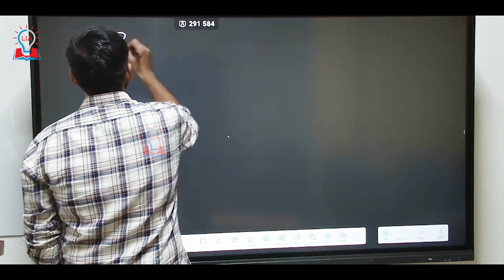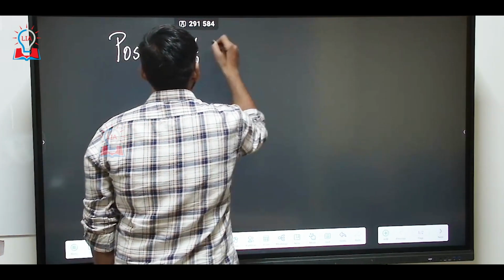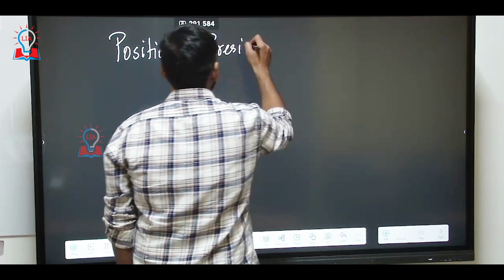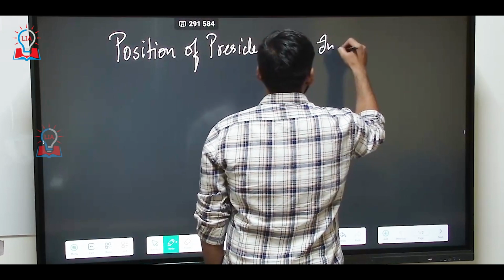Okay, so the position of president in Indian setup.